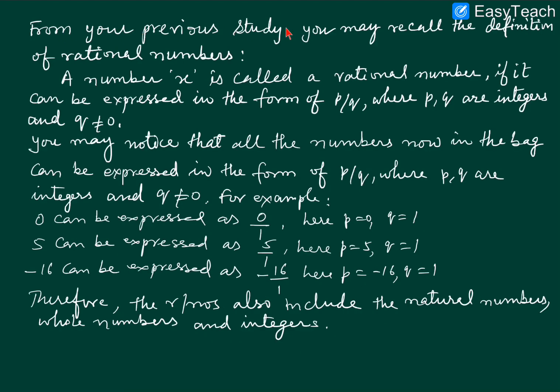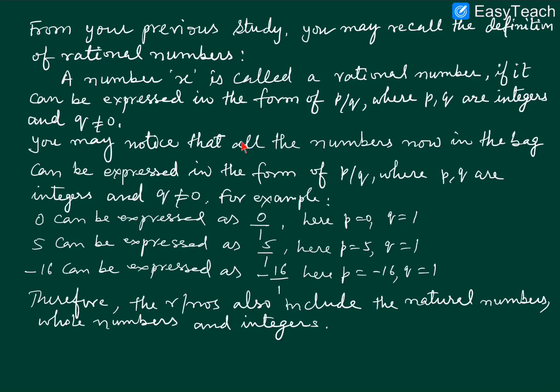From your previous study, you may recall the definition of rational numbers. A number x is called a rational number if it can be expressed in the form of p by q, where p and q are integers and q not equal to 0, because division by 0 is not defined.